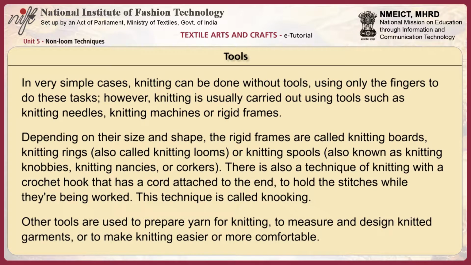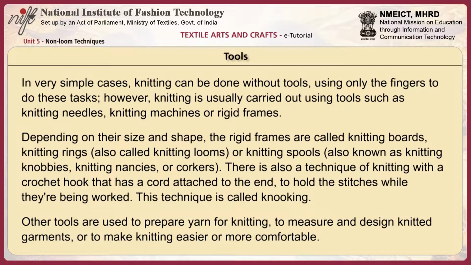In very simple cases, knitting can be done without tools, using only the fingers to do these tasks. However, knitting is usually carried out using tools such as knitting needles, knitting machines, or rigid frames. Depending on their size and shape, the rigid frames are called knitting boards, knitting rings, also called knitting looms, or knitting spools, also known as knitting nobbies, knitting nancies, or corkers.